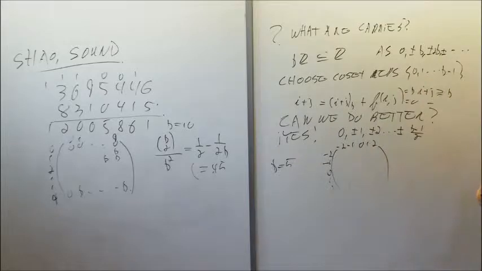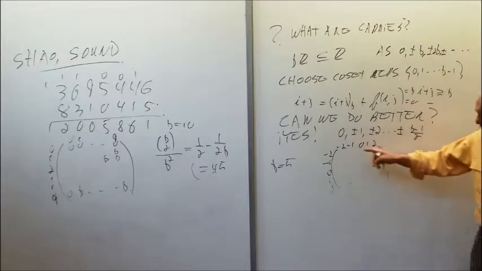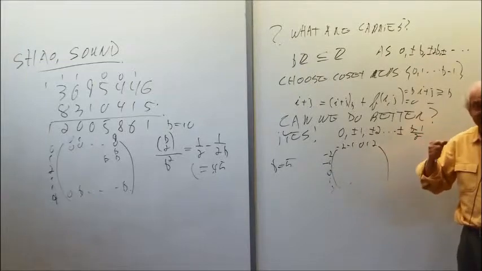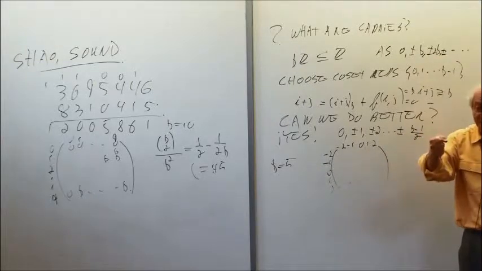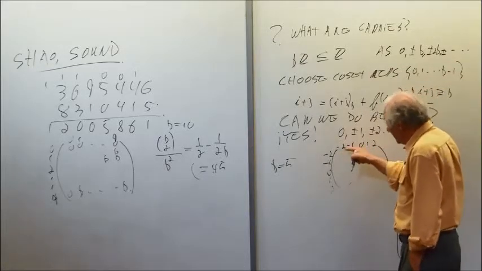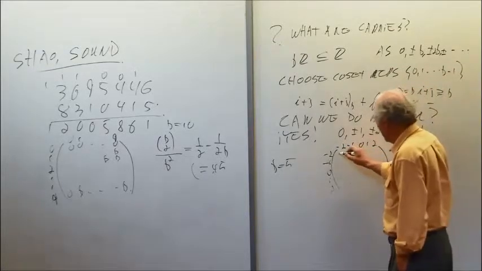Okay, so here comes the quiz part of the talk. We have to fill out the carries matrix. So minus 2 and minus 2 is minus 4. Minus 4 is minus 5 plus 1. So the carry, if you add minus 2 and minus 2, which is not a coset representative, is minus 5.